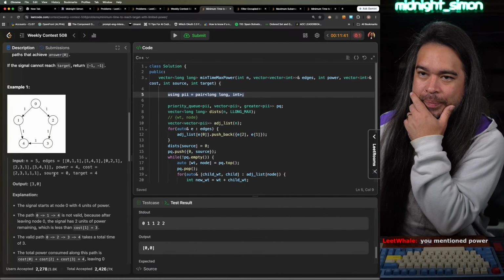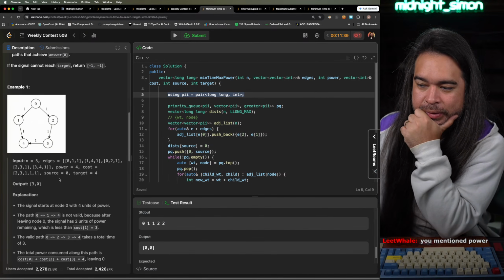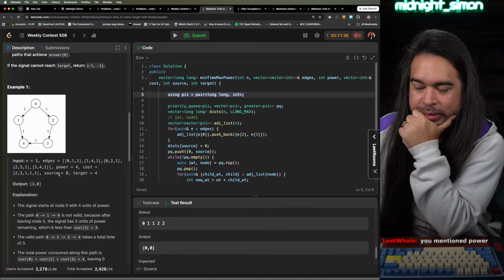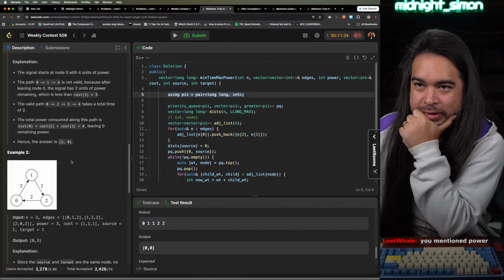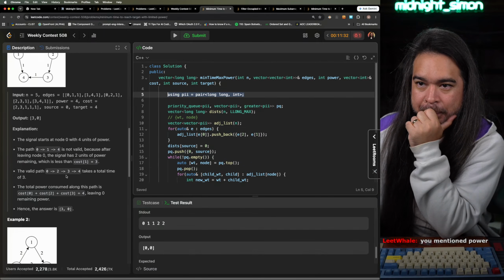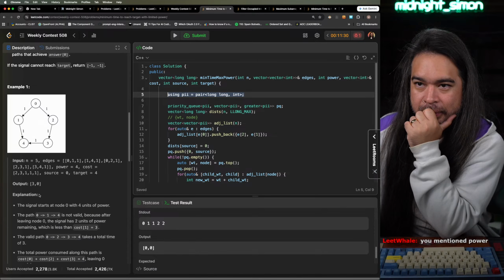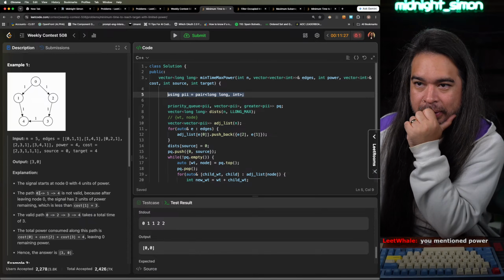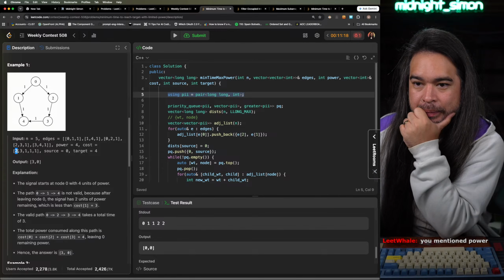It's 4. So power 0 is 2. 1, so that's 4.